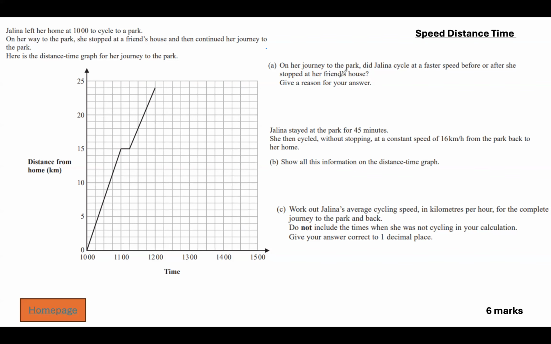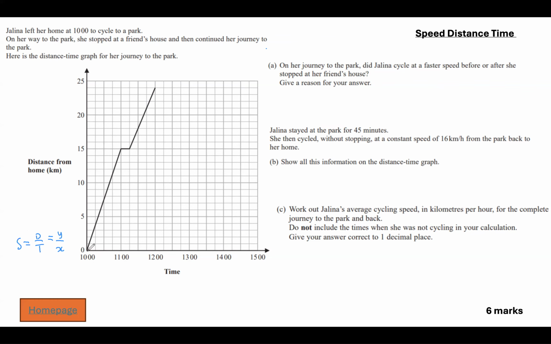Give a reason. Okay, so speed is distance over time. Now, if you think about it, our y-axis is distance, our x-axis is time. So this is going to be y over x, so the change in y over the change in x. So essentially, we're looking at the gradient really to compare the speed.